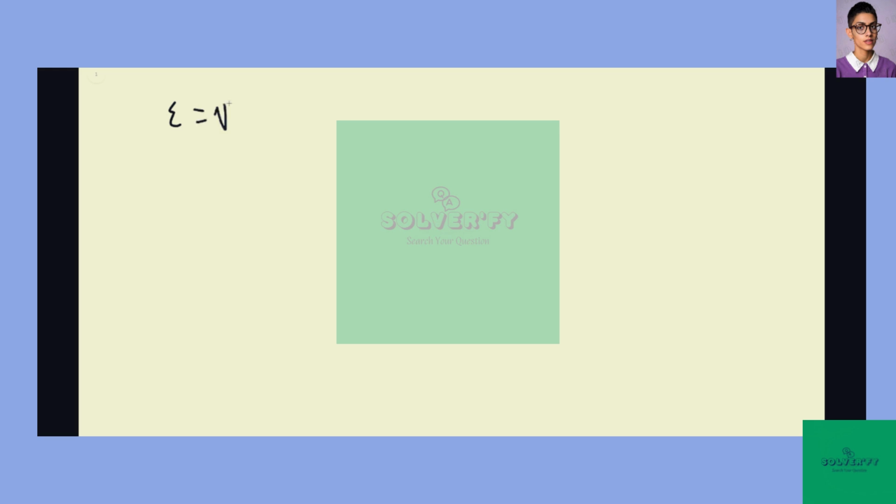So we use the relativistic total energy equation here, E equals the square root of p squared c squared plus the rest mass squared, or the square root of the kinetic energy squared plus the rest mass squared. Now the rest mass of a proton is 0.938 giga electron volts, or 938 mega electron volts, which is much, much less than the 1 TeV proton in this problem.